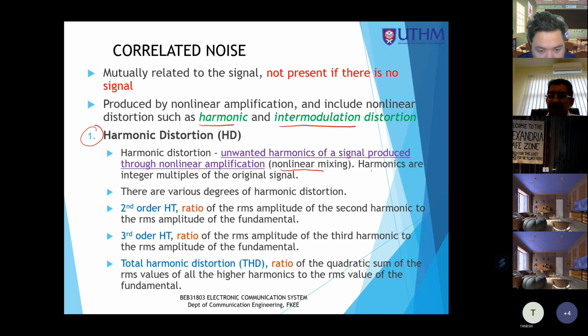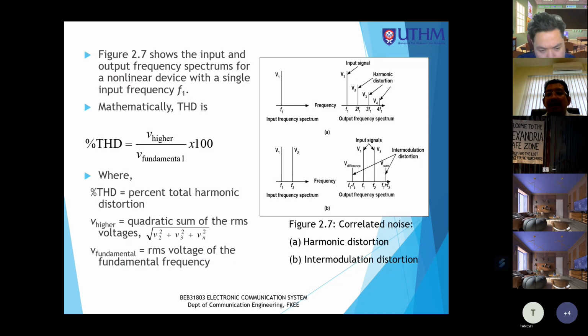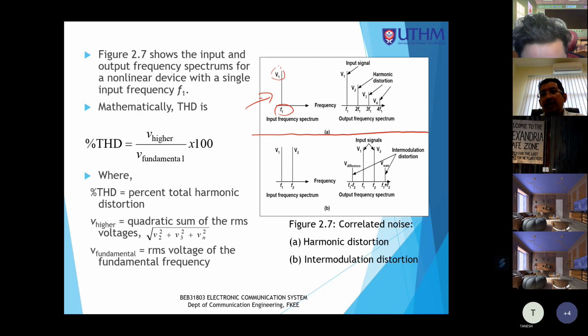What does the harmonic look like actually? So we will look at this picture, picture A at the top. So we have the input signal, which is this one. Our input signal has a frequency of F1 and a voltage of V1. And through the nonlinear amplification, small harmonics are produced, as here, harmonics at 2F1, 3F1 and 4F1 with voltages V2, V3 and V4 and so on.